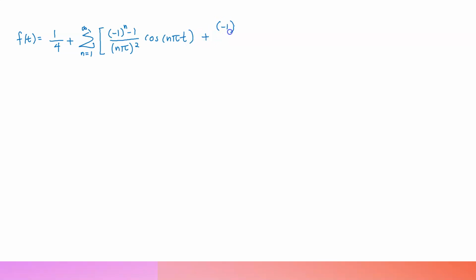So now we can write the trigonometric Fourier series representation of the given signal, which is f of t equals a naught, which is 1 over 4, plus summation from n equals 1 until infinity for an, an is minus 1 to the power of n minus 1 over n pi square, multiply with cos n pi t plus bn, bn is minus 1 to the power of n plus 1 over n pi, and we have here sine n pi t.